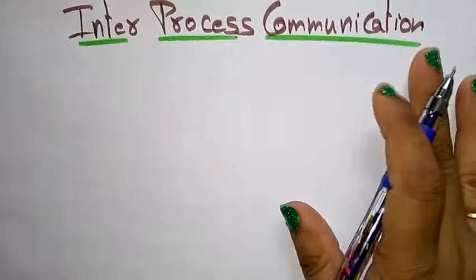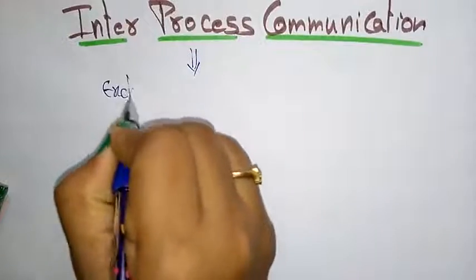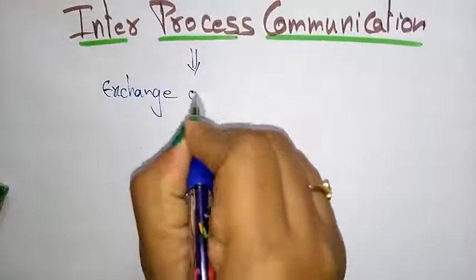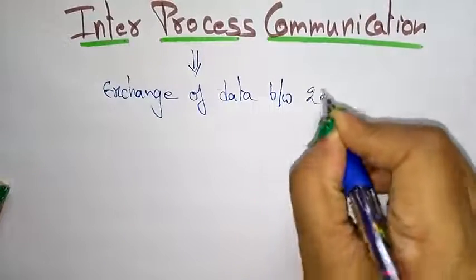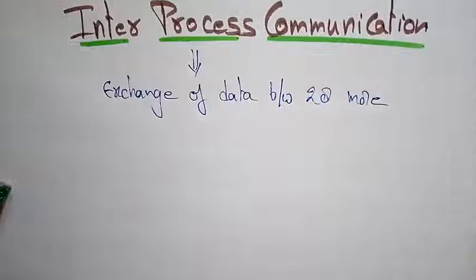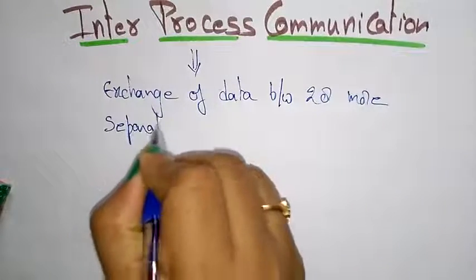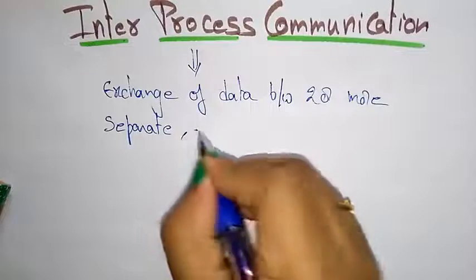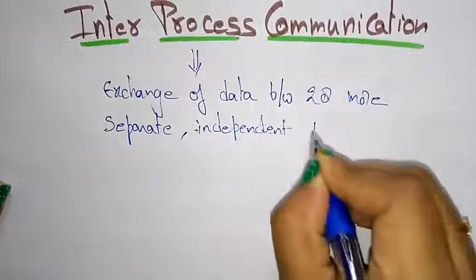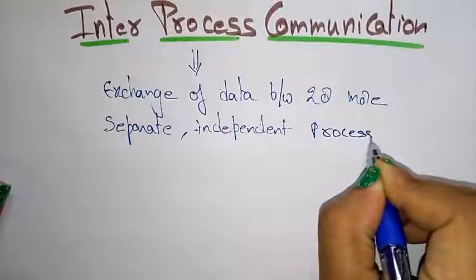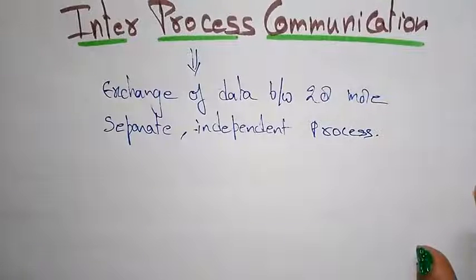Simply, it is an exchange of data between two or more separate and independent processes. That exchange of information between two or more separate independent processes is called inter-process communication.